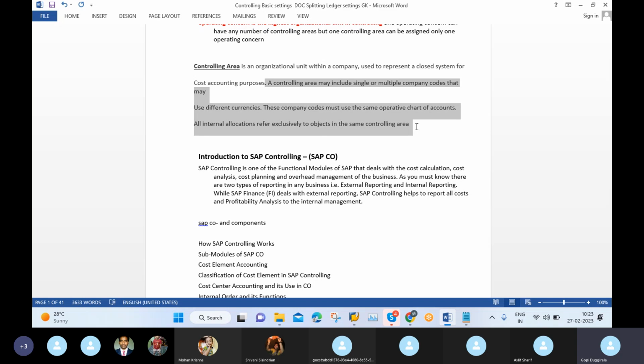All internal allocations refer exclusively to objects in the same controlling area. And if you read these topics, then again I will get one more doubt. For example, my first question is, which is the bigger component, controlling area or company code? Or are both equal?